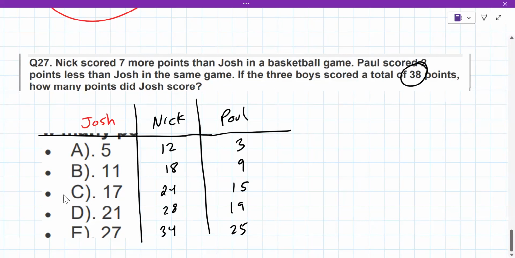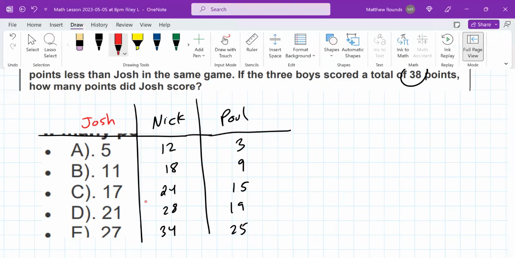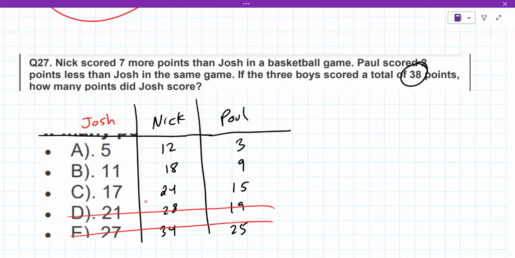Now you can exclude a few right away. Like you obviously wouldn't start with any of the big ones. Maybe C is out, but it kind of helps you to know, okay, let me start with the ones that kind of look like they could be the right answer. B. Yeah, B. Very good. All right.